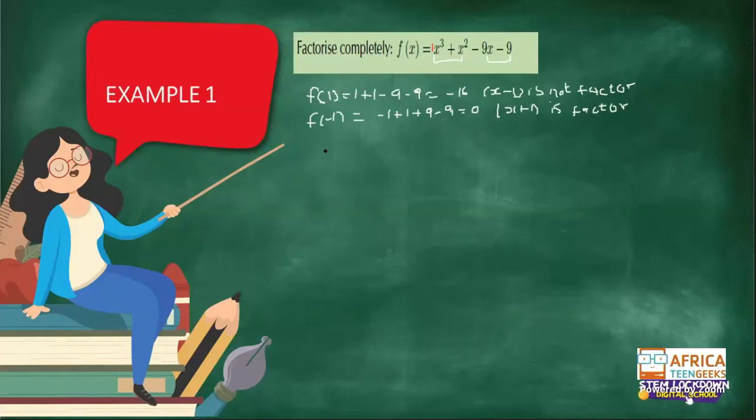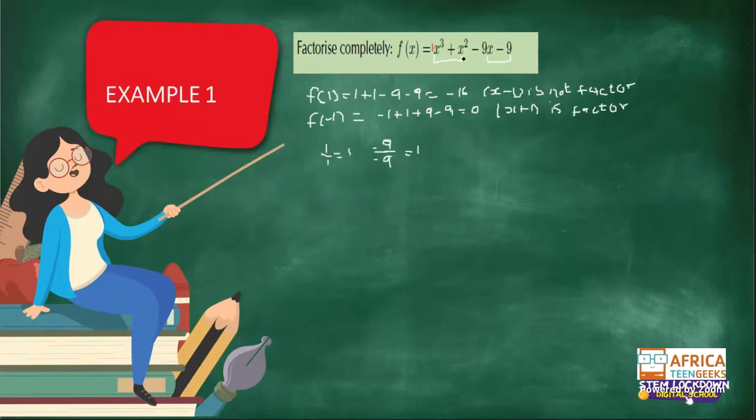If you say 1 divided by 1, it will give you 1. Then if you look at the coefficients of the last two terms, you'll have negative 9 divided by negative 9, which also equals 1. Because your ratios are equal, you can use the grouping method.